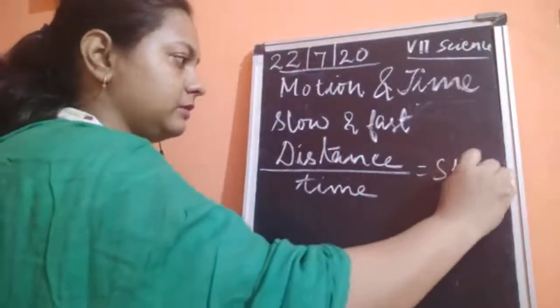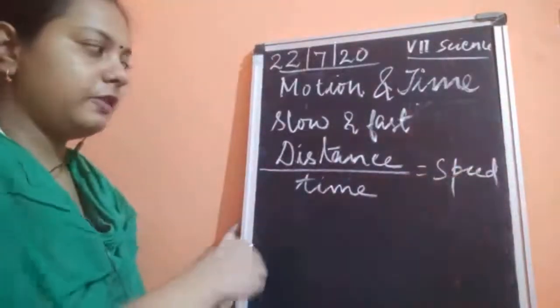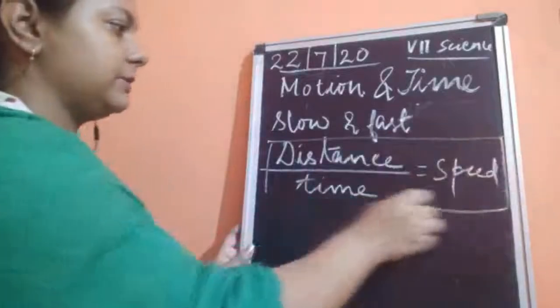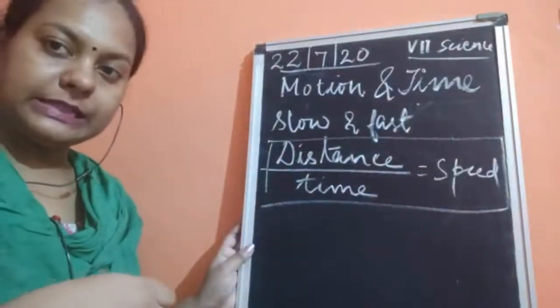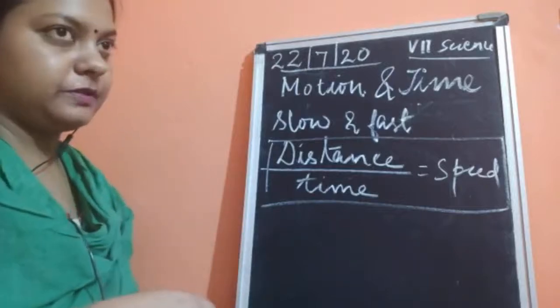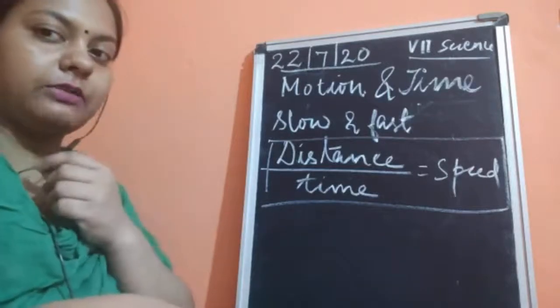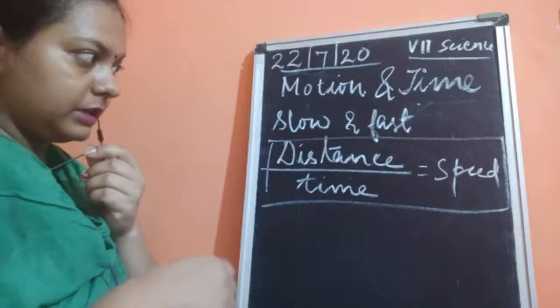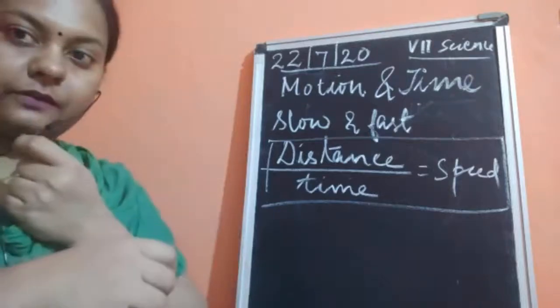The ratio of distance to time becomes the speed. So the formula for speed is distance upon time is equal to speed, and on the basis of different speeds, we can find out whether the object is moving slowly or in a fast manner.